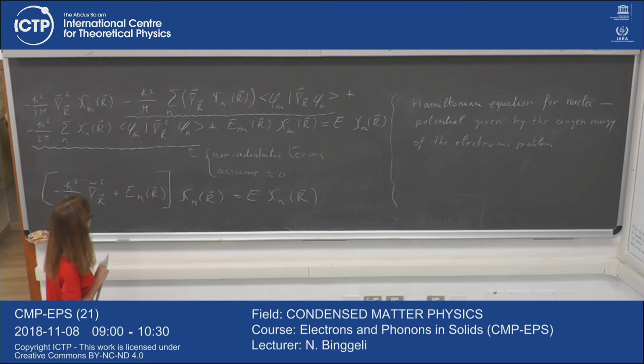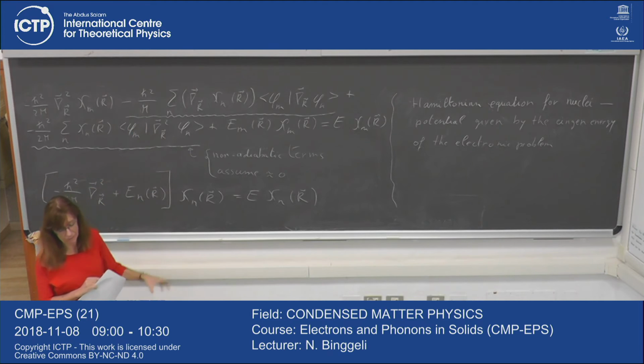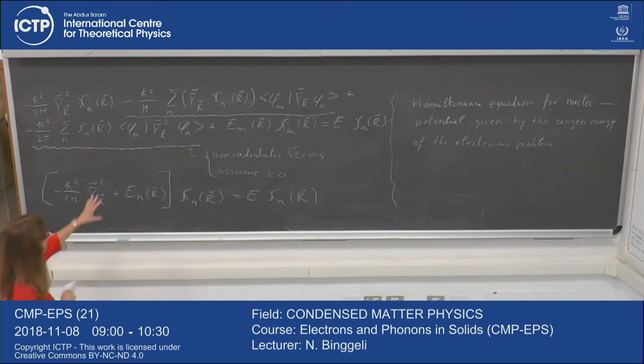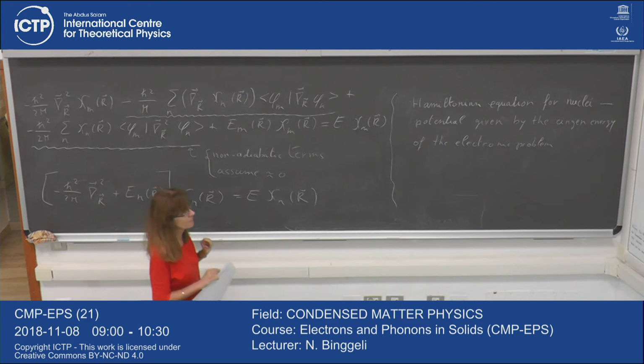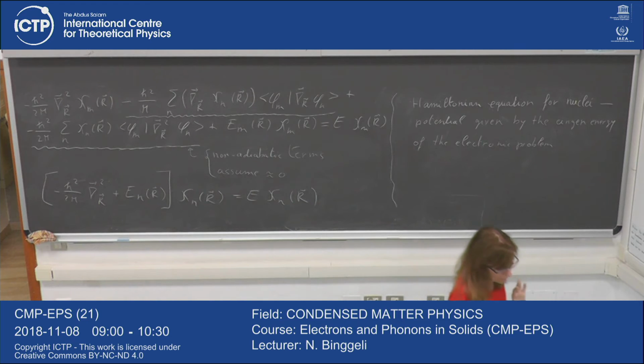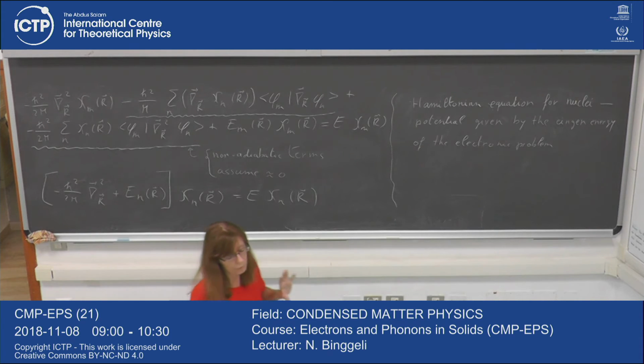But essentially, they involve the derivative with respect to the parameter, the position of the nuclei, on the electronic wave function, which depends very smoothly on the position of the nuclei, in the sense that the electrons being much faster, when the position of the nucleus moves, they basically move with it.